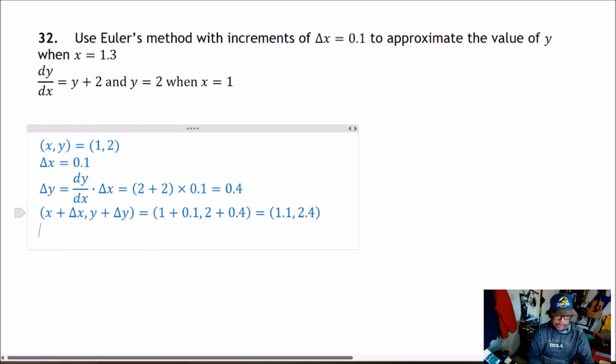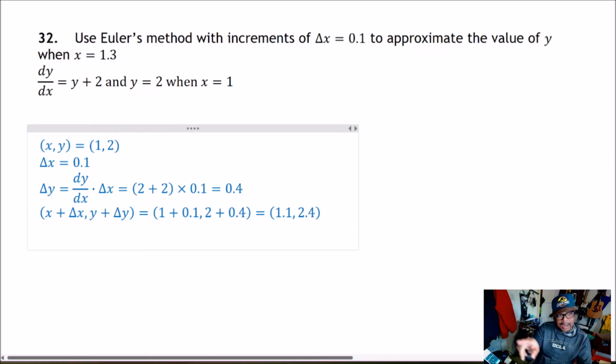If we were using computers to do this, then we could absolutely make our delta x much smaller. 0.001 would not even be a problem, 0.0001, with a computer's power, that is not a big deal.